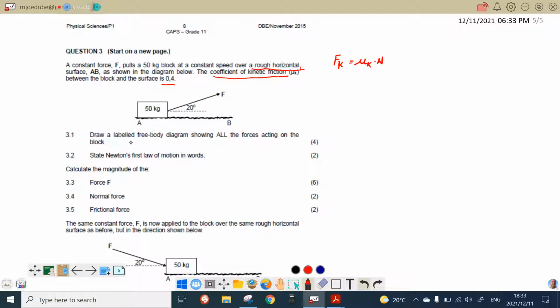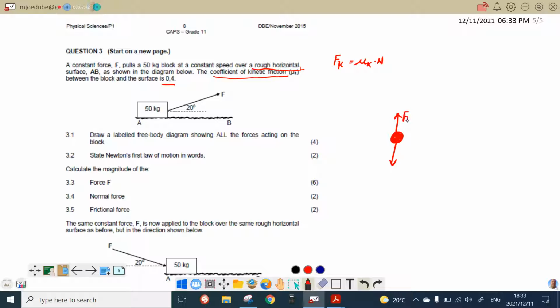So it says draw a labeled free body diagram showing all the forces that are acting on the block. So in this case, you've got a 50 kg block. When we look at the forces that are acting, we show the object by means of a dot, and then what are the forces acting? Well, you've got the normal force Fn that acts on the block, and you've got the Fg that acts in the downward direction.